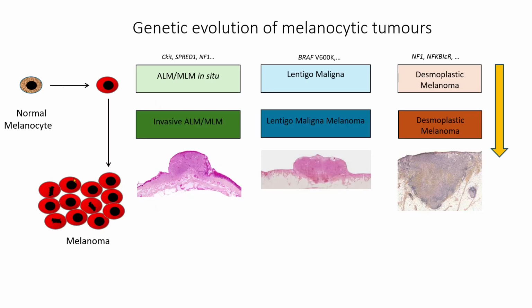And after some time, of course, we will have invasive melanoma in these different subtypes. So desmoplastic melanoma is kind of a different disease that also is associated with high-grade degree of UV exposure.